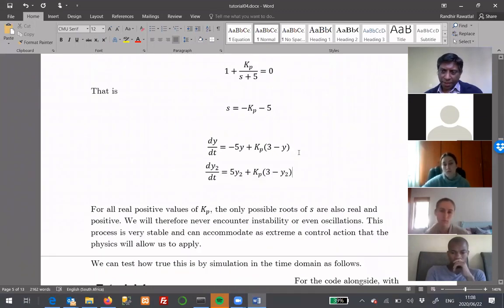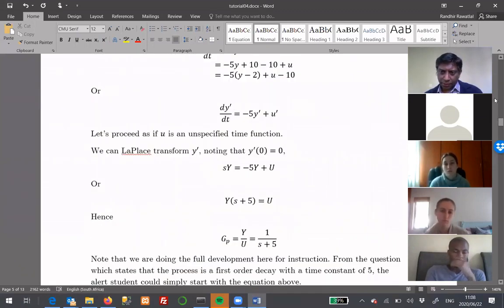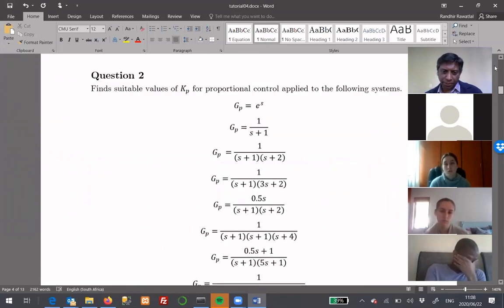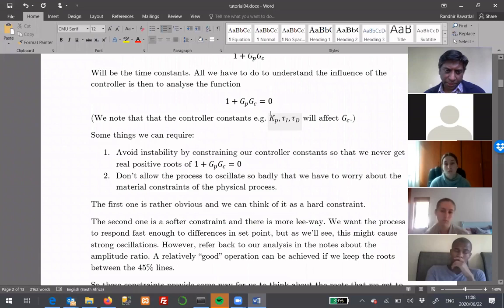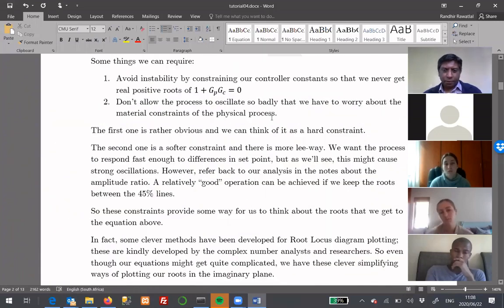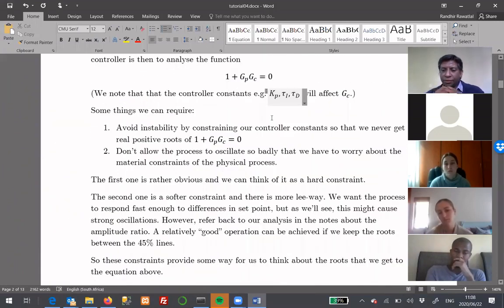So let's go back to the original formulation here. We've done all this development, and then we said we want to find the values of Kp which give us good control. And we had noticed some of this before.